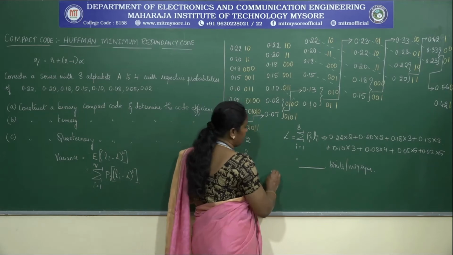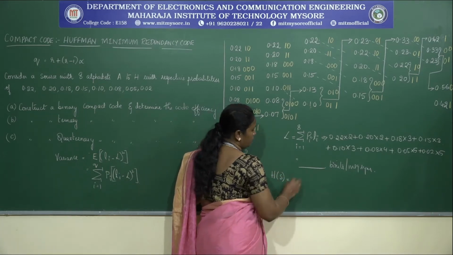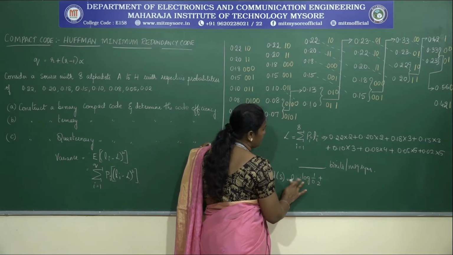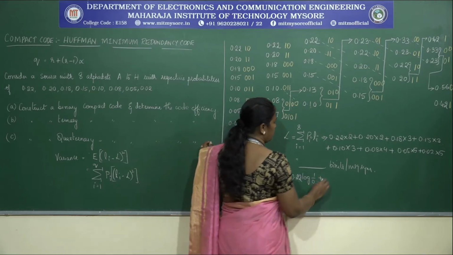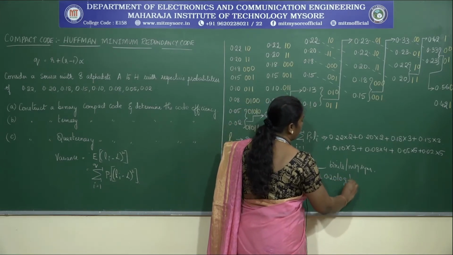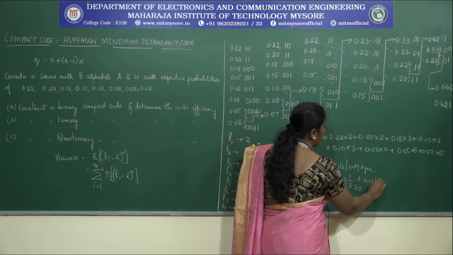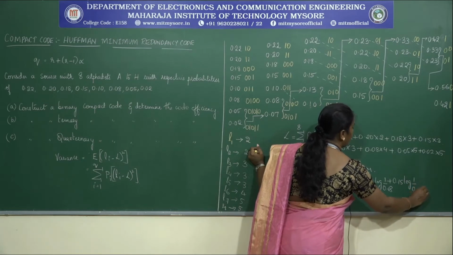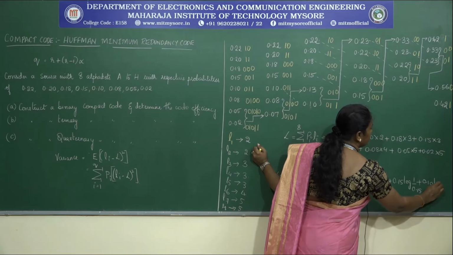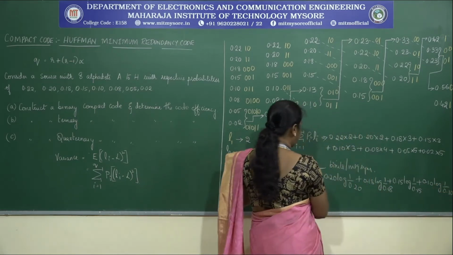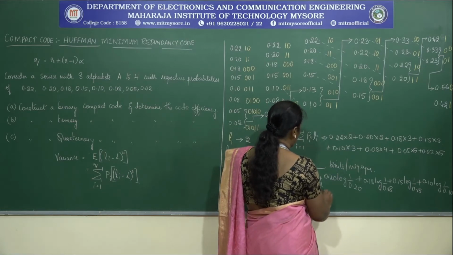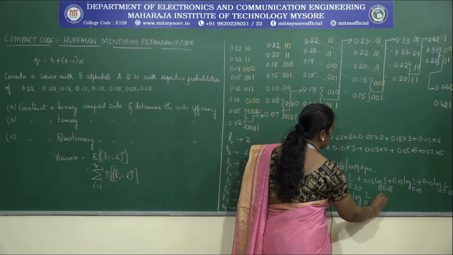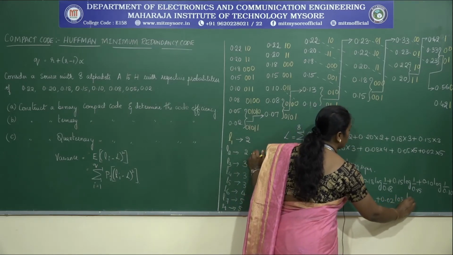Once you find this L, you need to calculate the entropy, that is H of S. H of S is equal to 0.22 log of 1 by 0.22 plus 0.20 log of 1 by 0.20 plus 0.18 log of 1 by 0.18 plus 0.15 log of 1 by 0.15 plus 0.10 log of 1 by 0.10 plus 0.08 log of 1 by 0.08 plus 0.05 log of 1 by 0.05 plus 0.02 log of 1 by 0.02.